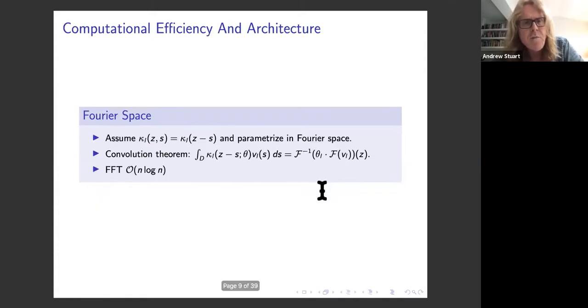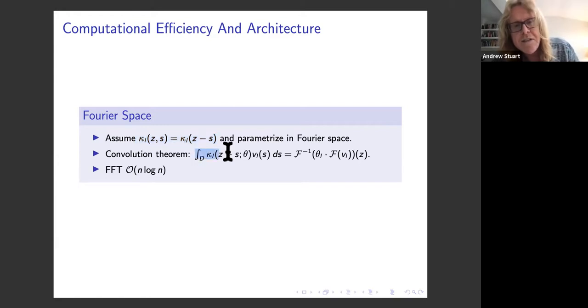For this talk, I'm going to talk mainly about using a Fourier representation of the kernel, and then one can speed up considerably the application of the non-local operator using FFT. But there are other ways to do this, and I'm happy to discuss those in detail with anyone that's interested. So this is not the only way that we speed things up, but this is one such method, and it's good to think of that.